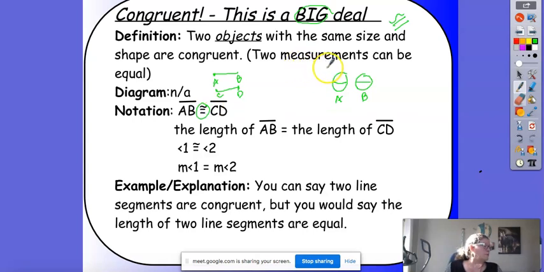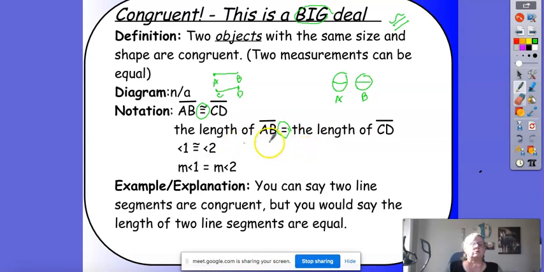No, there's no numbers in there. I'm just talking shapes. So to be congruent, you have to be the same size and the same shape. But if I talked about the length of AB, and I said that's 1 inch, and the length of CD, I use the term equal. The length of AB and the length of CD are equal.